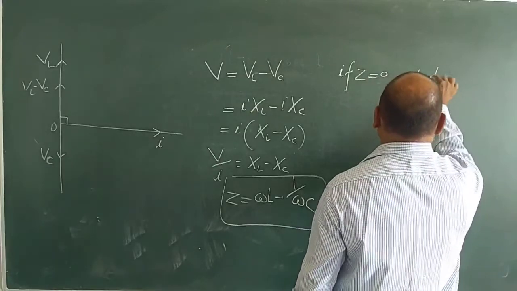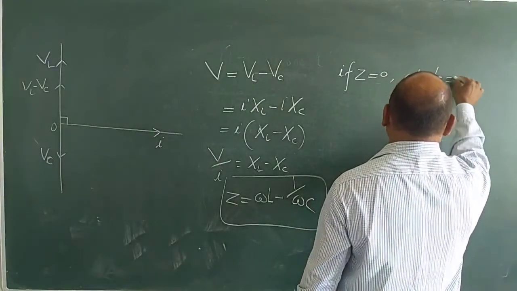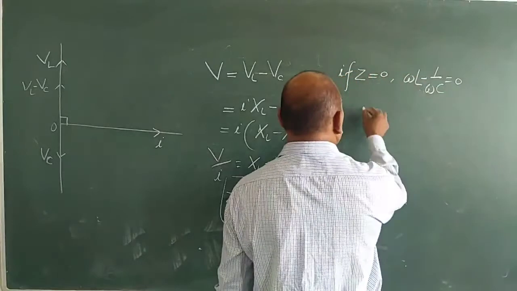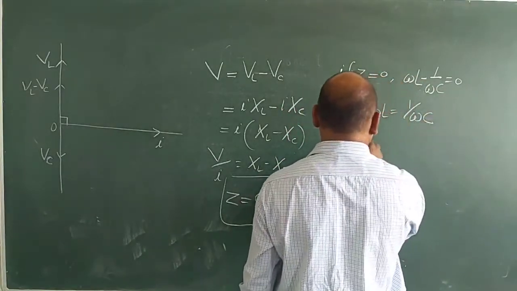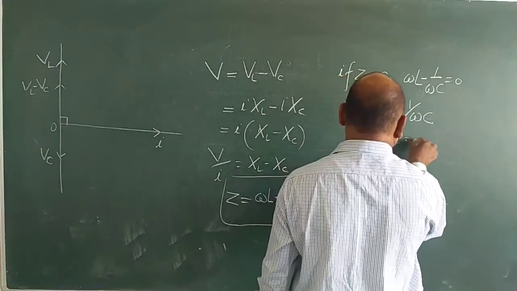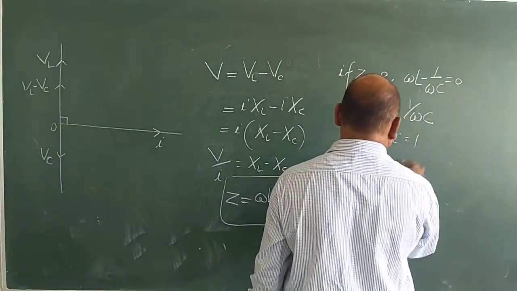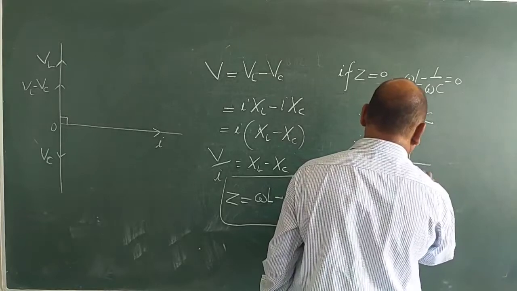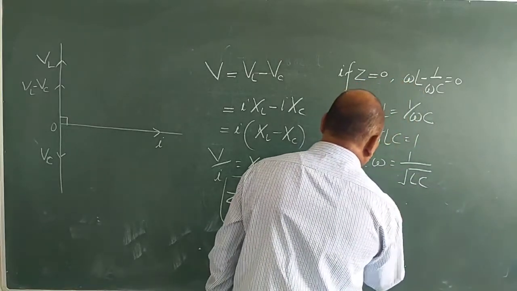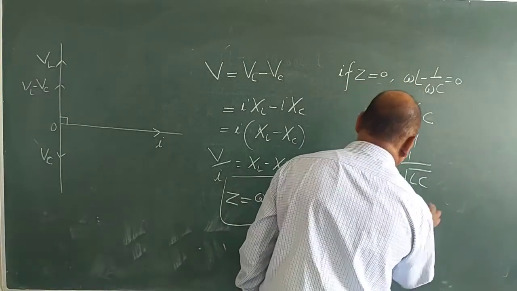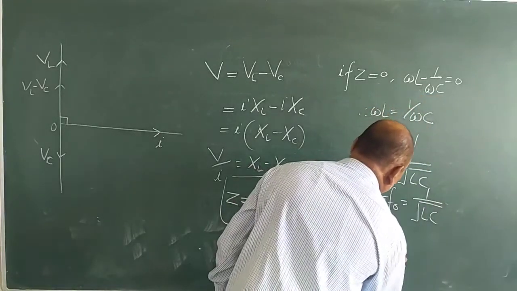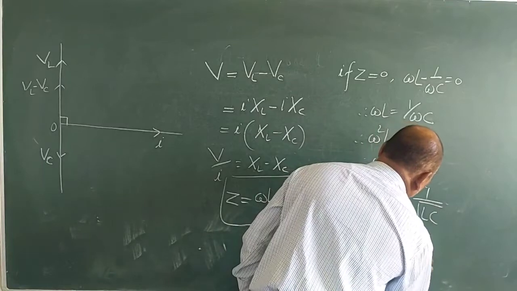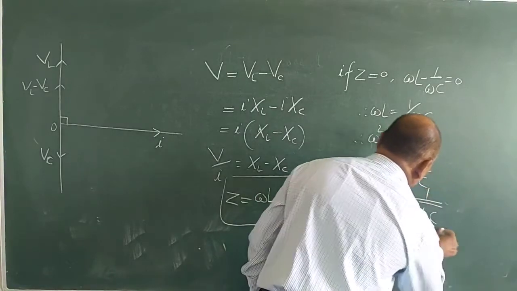Omega L minus 1 by omega C will be equal to 0. Therefore, omega L is equal to 1 by omega C. So omega square LC is equal to 1, so omega is equal to 1 by under root LC. If it is taken as omega 0 equal to 1 by under root LC, then f0 is equal to 1 by 2 pi under root LC.